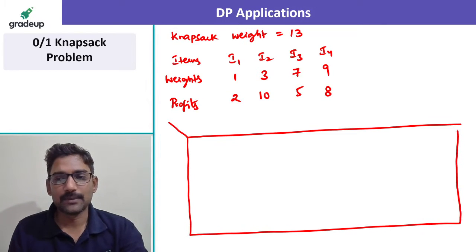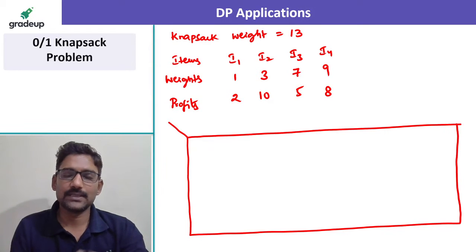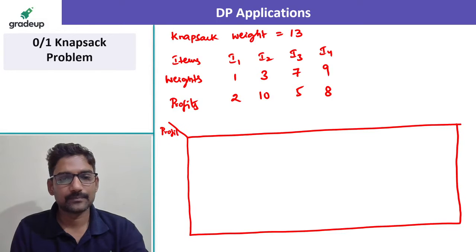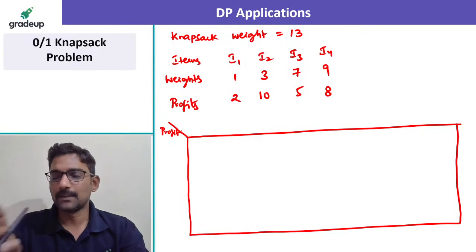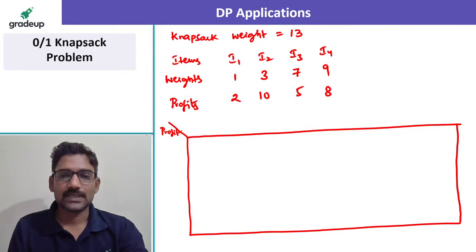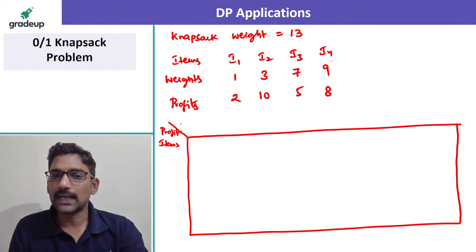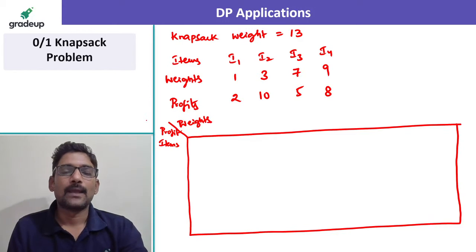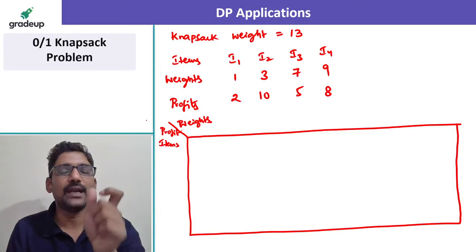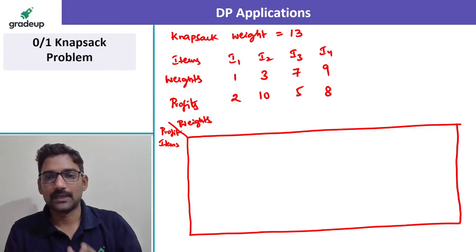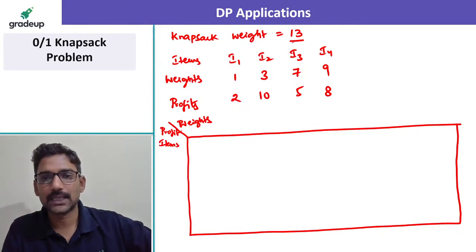Construct a table for this profit, such that on one axis you take items, and on the other axis you take weights. Break the weight into unit weights. What is the knapsack weight? 13.